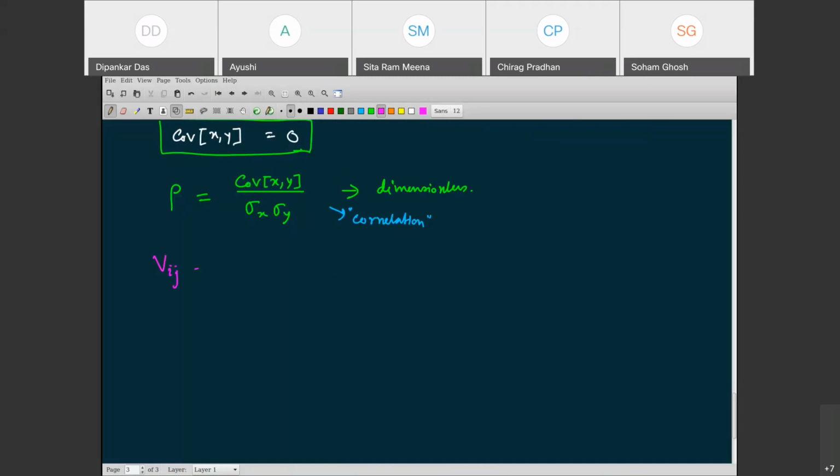So V_ij, the ijth element, is basically the covariance of x_i and x_j. And correspondingly you will have rho_ij, which is given by V_ij divided by sigma_i sigma_j. Okay. So we talk about this covariance matrix.